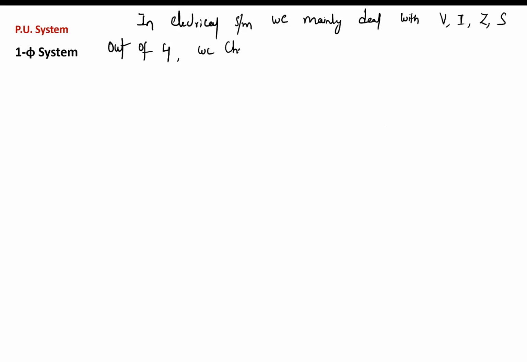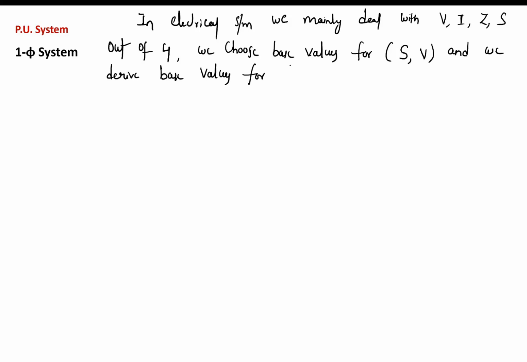So the first point is, in an electrical system, we mainly deal with 4 physical quantities: voltage, current, impedance, and power.